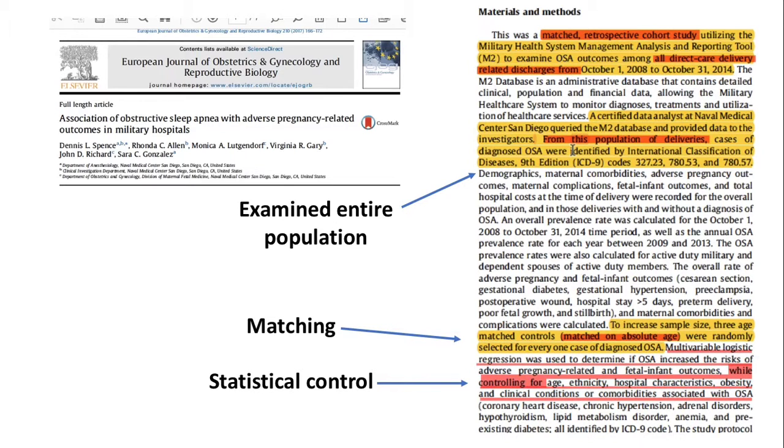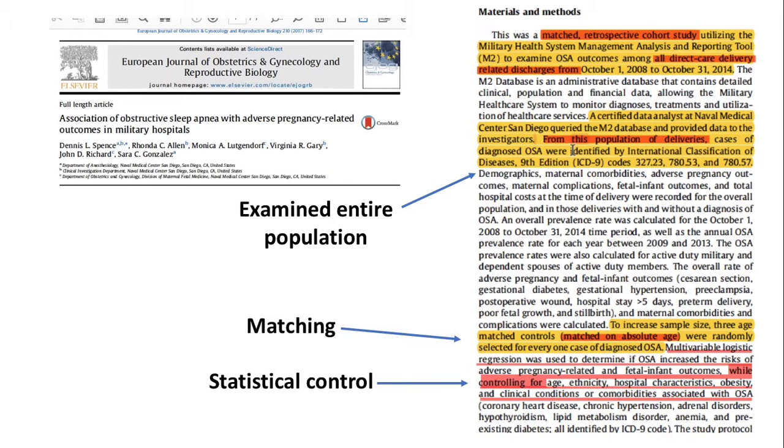What we did in this study was that we had a database with all deliveries, all direct care delivery related discharge from 2008 to 2014. So we actually analyzed the whole population of deliveries. In this particular study, we did a matched retrospective cohort study design, and we'll talk about that type of design later in this lecture.